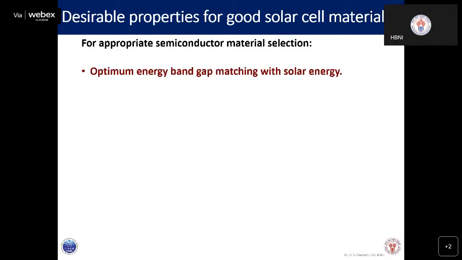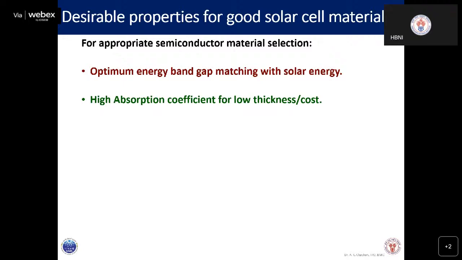Now, what are the desirable properties for good solar cell materials, considering all the previous discussion? For an appropriate semiconductor material selection, the optimum energy band gap matching with the solar energy is very important. So the band gap should match the radiation.